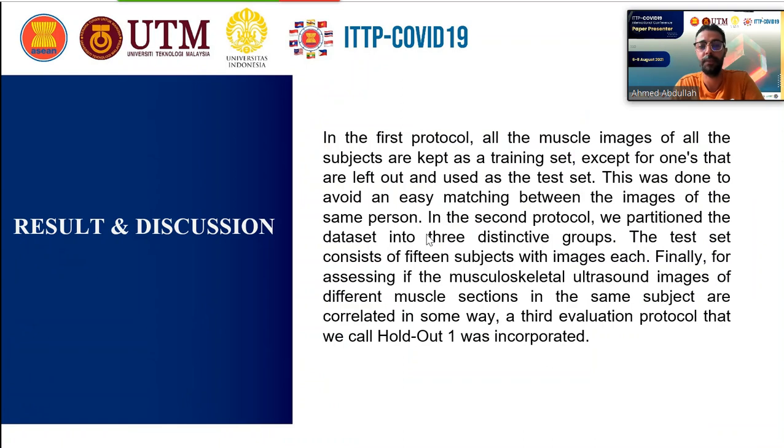result and discussion. In the first protocol, all the muscle images of all the subjects are kept as the training set, except for the ones that are left out and used as the test set. This was done to avoid an asymmetry between the images of the same person.